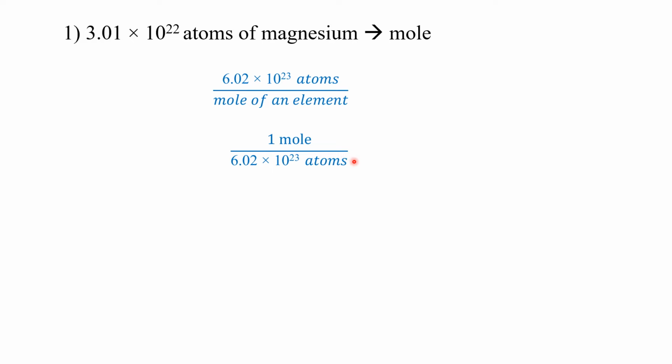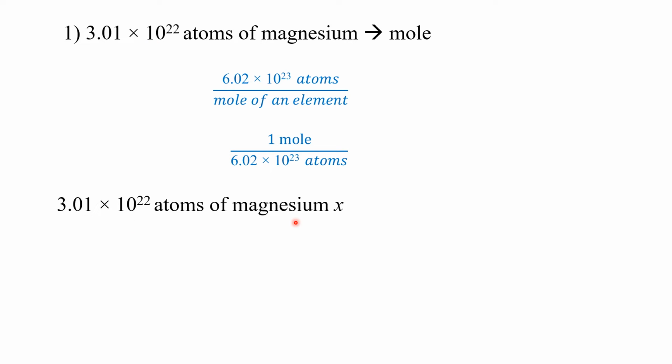Now, again, these are your factors. You need to choose one factor that should cancel out or remove atoms and leave behind mole. Our factor should contain atoms in the denominator so that when you multiply it with the given, it will get rid of the atom units.